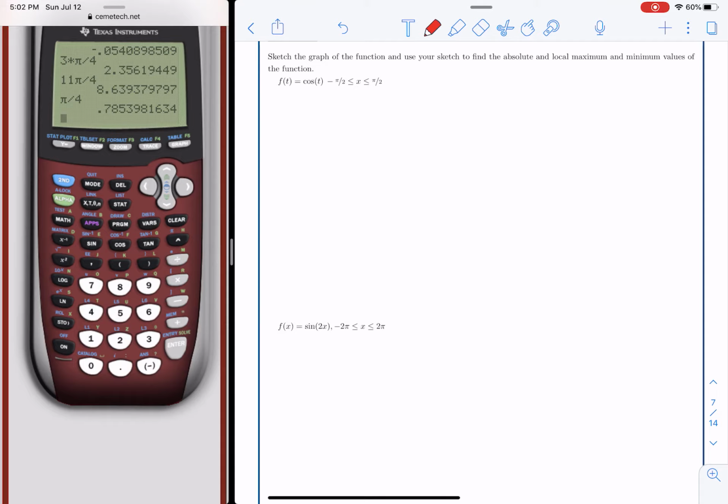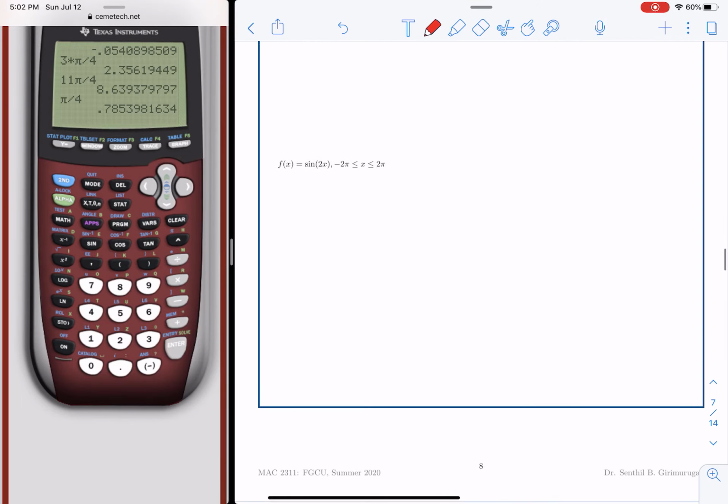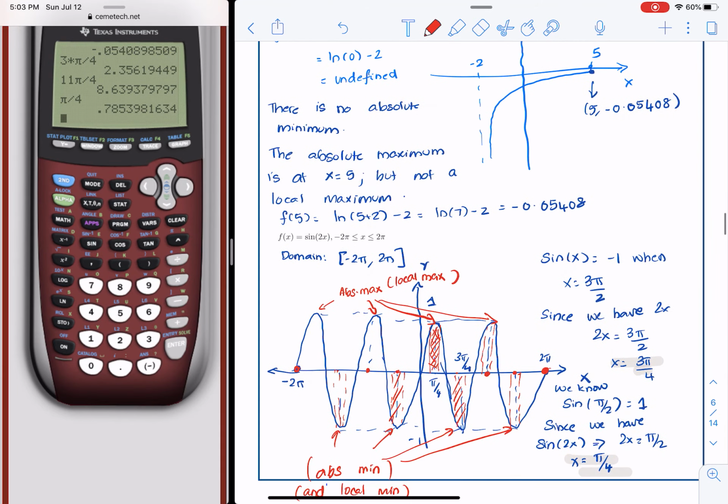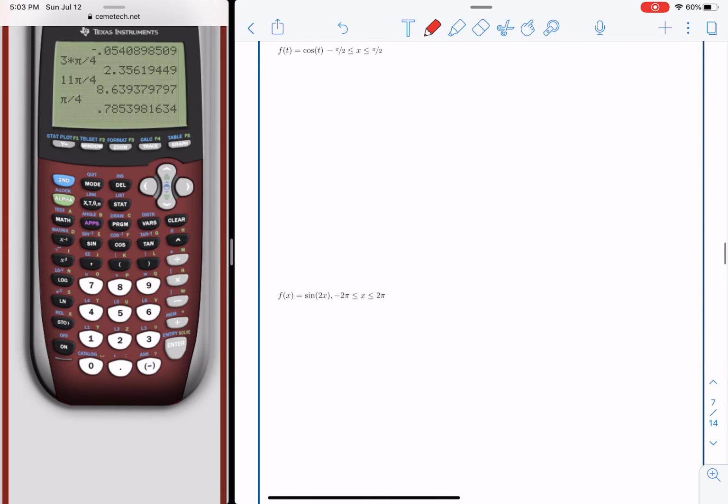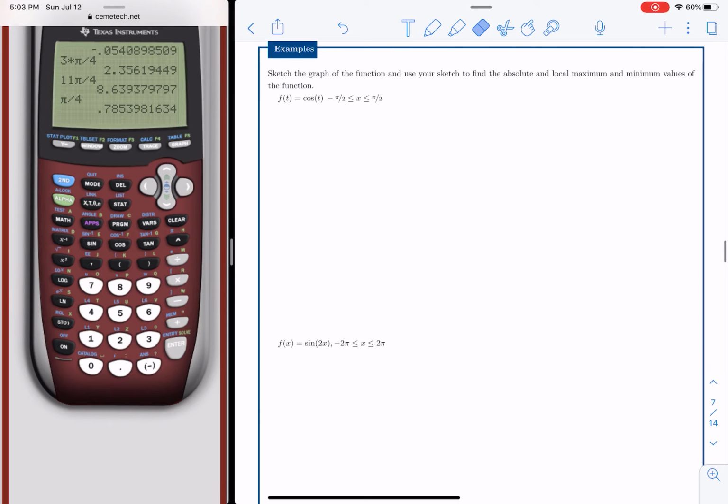So now we have, I believe I've repeated a problem here. So I'll simply say refer to previous page. Well, maybe I'll do a different problem. We'll get to that. So now we have cosine t.